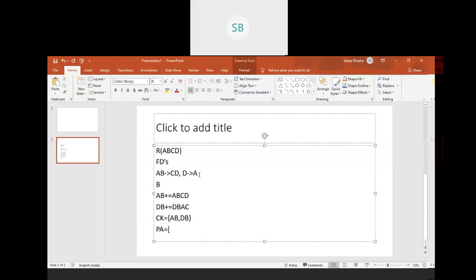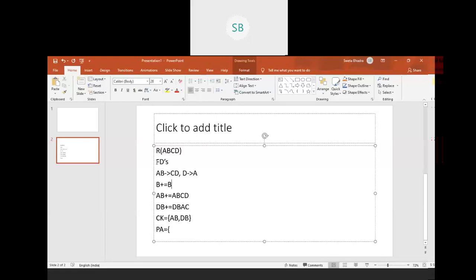Now if we want to find only the B closure, according to the reflexive property which we studied in the last class, it will determine only B. But that will not be the case, right? B alone cannot be the candidate key because it is not determining the other attributes.